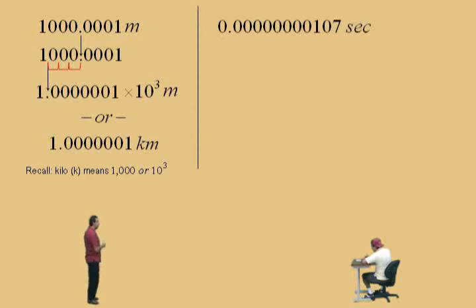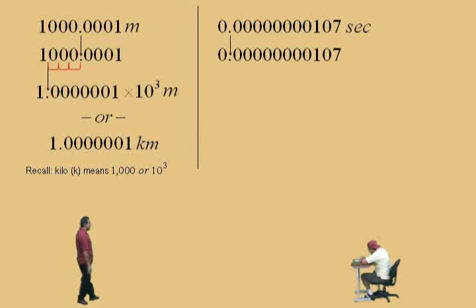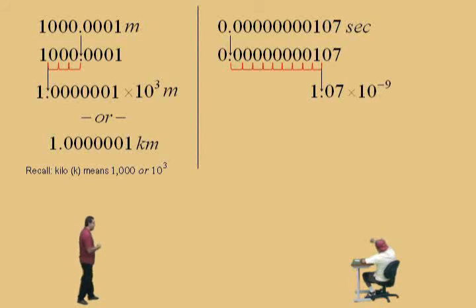Okay, let's do another one here. This is a very small time. It's 107 something. Well, I don't want to talk about that right now. Anyway, which way does the decimal have to move, Charlie? We have to move 1, 2, 3, 4, 5, 6, 7, 8, 9 times to get the 1.07. Now, we shifted it 9 times, so we have to move it back to the left 9 times to get that representation that we started with.